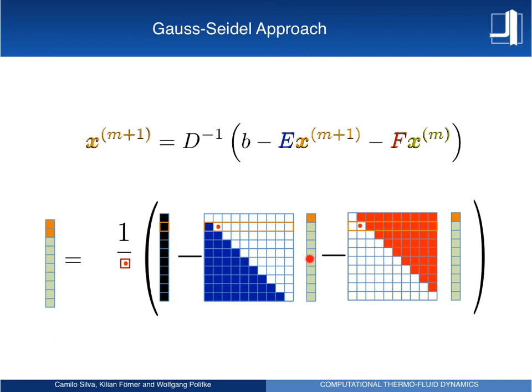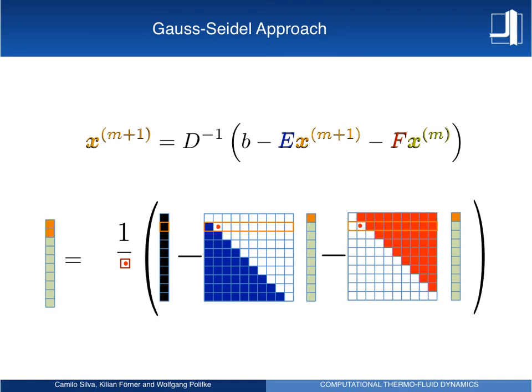The rest that we don't have, we don't need, because it is also multiplied by 0. In the same way here, this part of x_m plus 1 would be wrong, but it is multiplied by 0 anyway, so it doesn't matter, and the rest is x_m, which is multiplied by this row with the red elements.